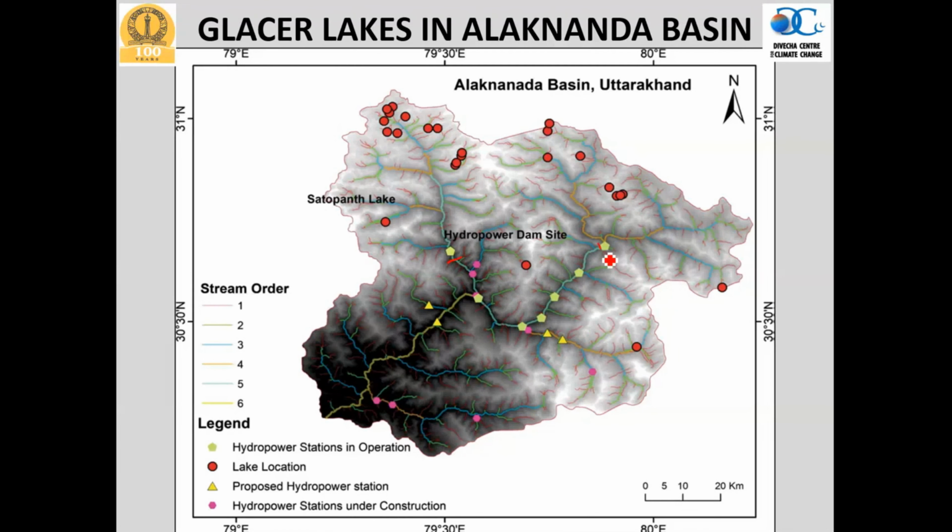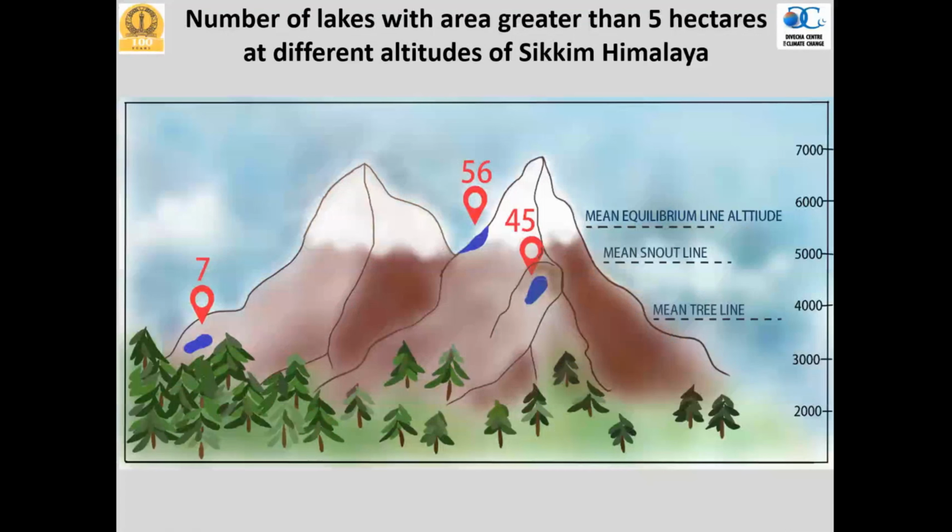So you can see hydropower dams, and you must be wondering where in the Alaknanda basin is the region which has experienced the flash flood. So this is probably the Rishiganga river, somewhere here, and it has caused the flash flood. So we will visit that issue tomorrow in depth. So this is also there.